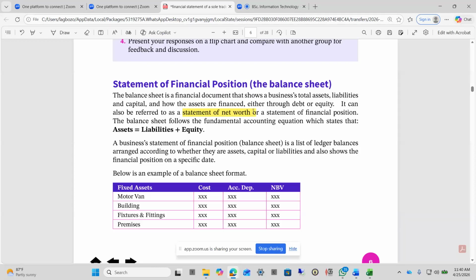Now we were told that it is basically outlined on the fundamental accounting equation. And then we know the accounting equation to be assets equals liability plus capital. Is that correct?